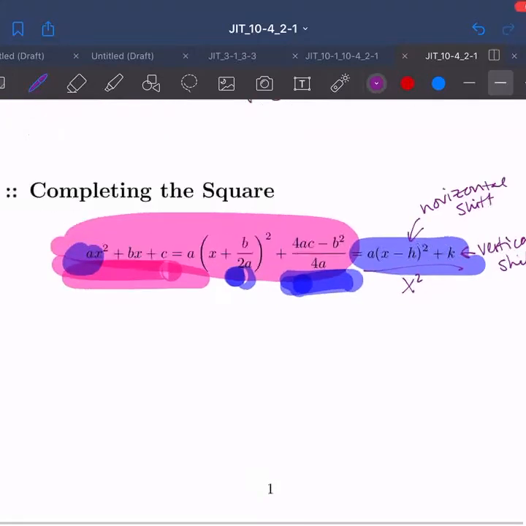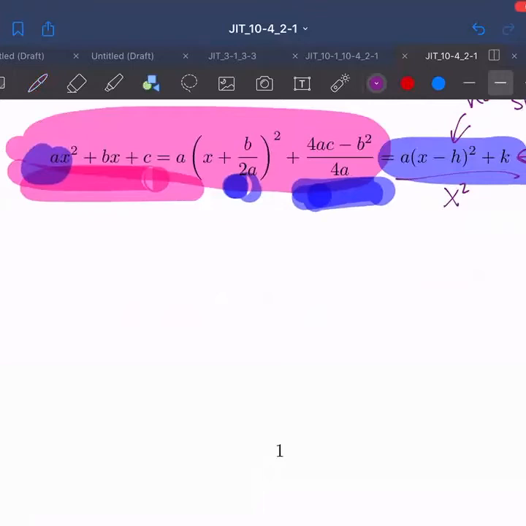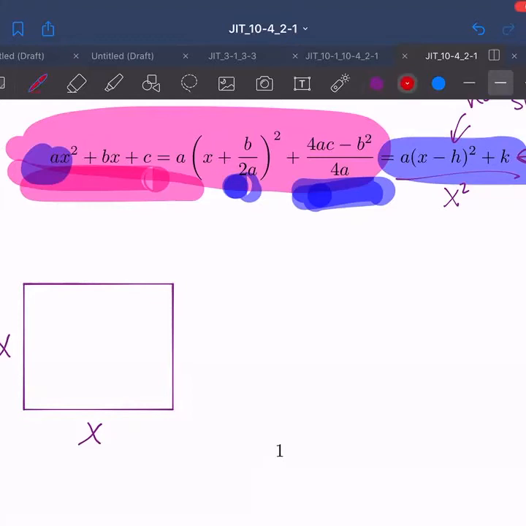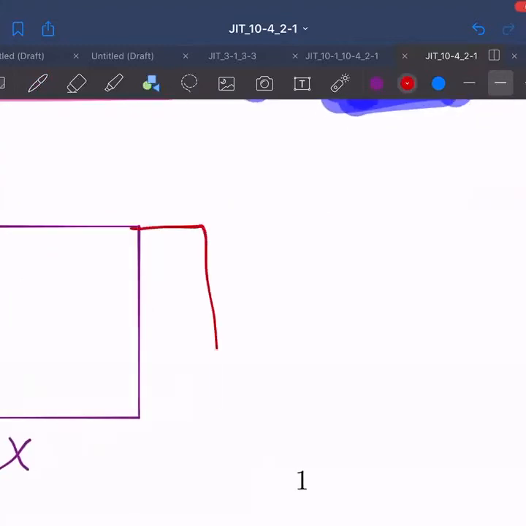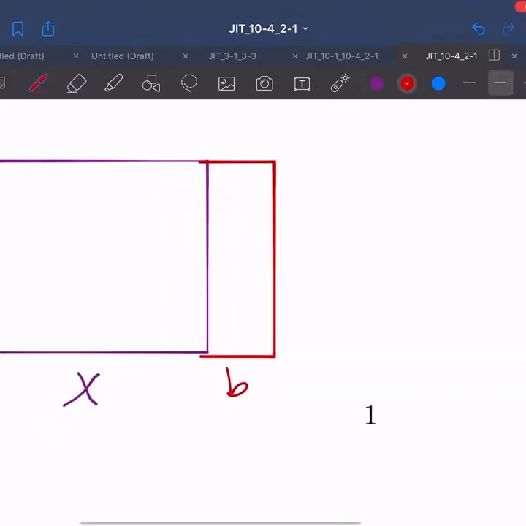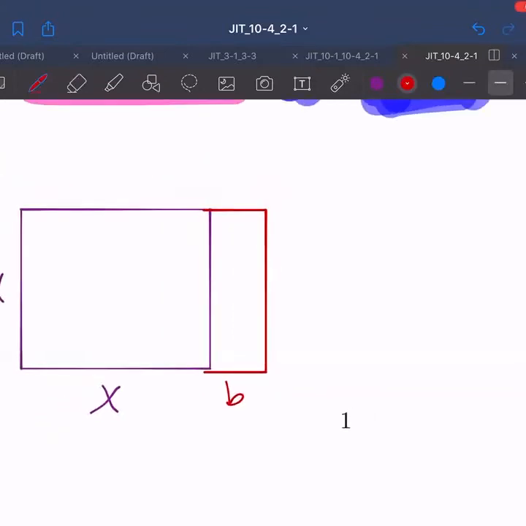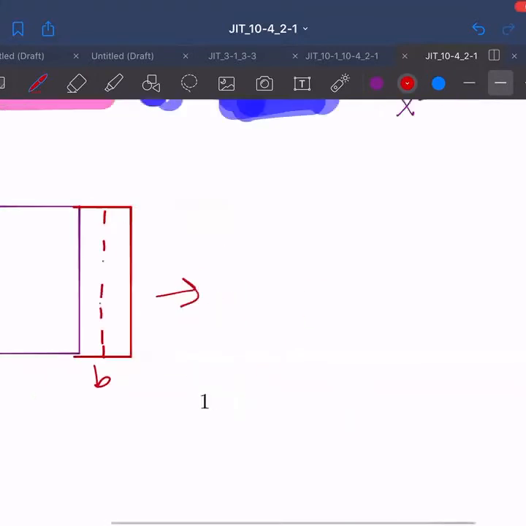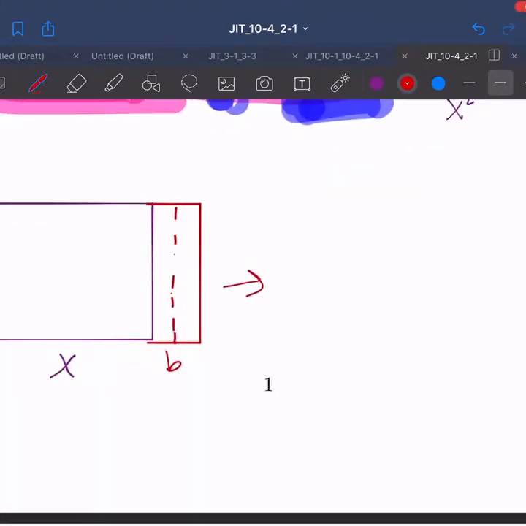But what completing the square is really doing is, if we're given a square, and let's say that this side is a length x and this side is a length x because it's a square, and then we've got this piece over here of length b. If we take this b and split it, we can rearrange the terms so that we've got a square.